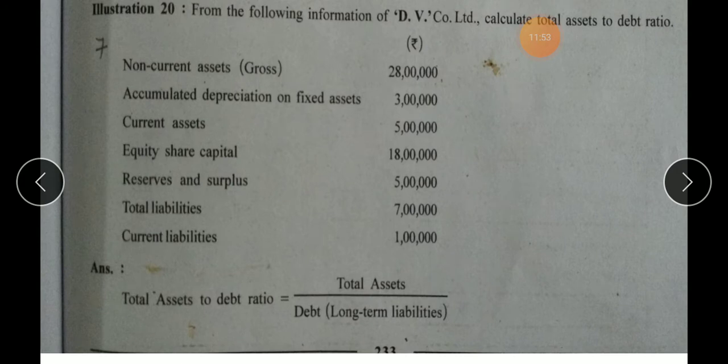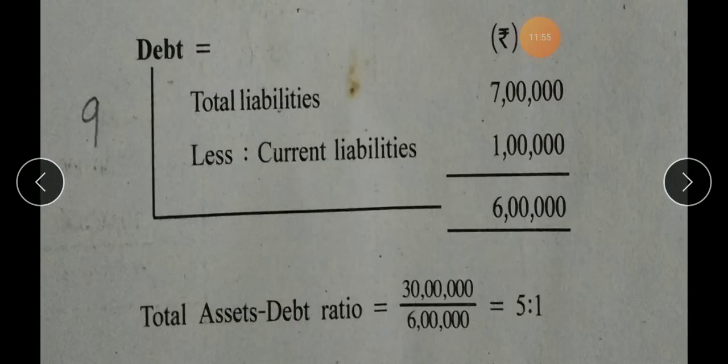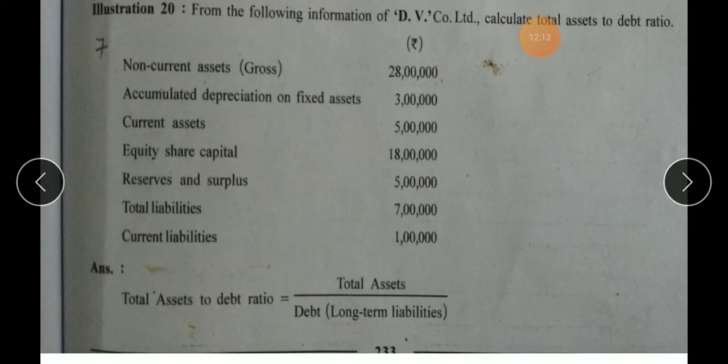Yes? So simply putting this in the formula, 30 lakh upon 6 lakh gives you 5:1. 5:1, the answer presented in terms of proportion, is the answer for total assets to debt ratio for illustration 20.